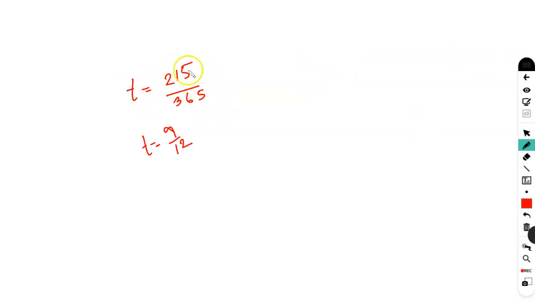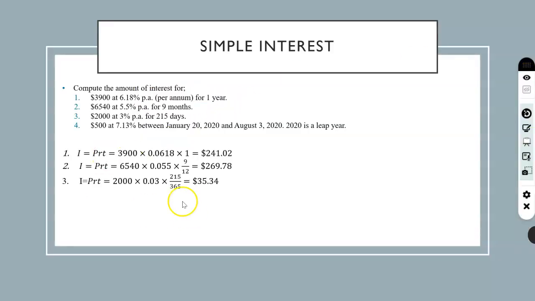Right? So 215 over 365 and then you will multiply that to get the final value. Now you can pause the video for a bit and solve the fourth one and see how you can solve it.